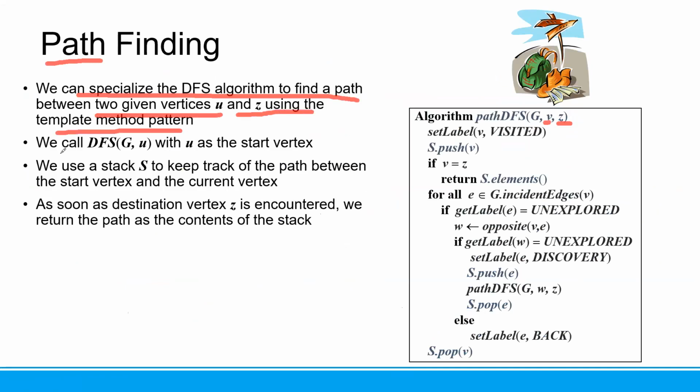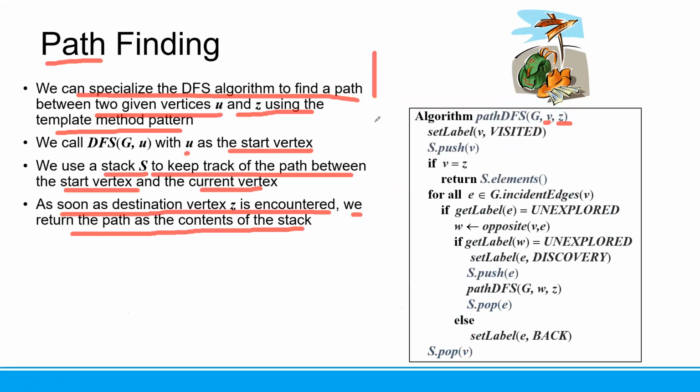In this case, we start with u as the starting vertex, and then we can use a stack. You already learned the stack in the first chapter, maybe before the mid-exam. The stack is used to keep track of the path between the start vertex and the current vertex. As soon as the destination vertex z is encountered, we return the path as the content of the stack.